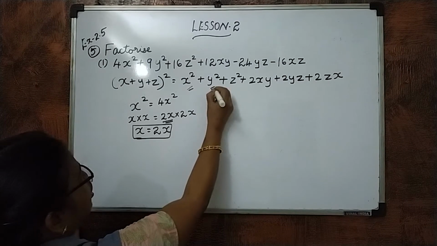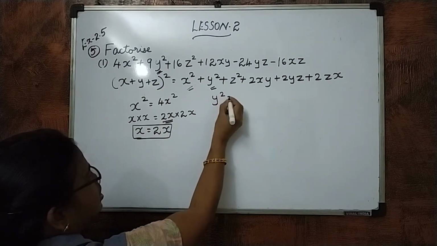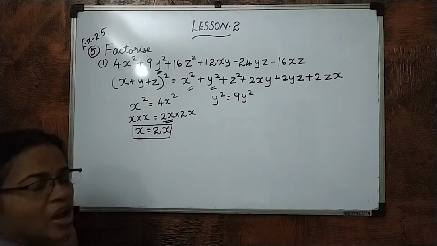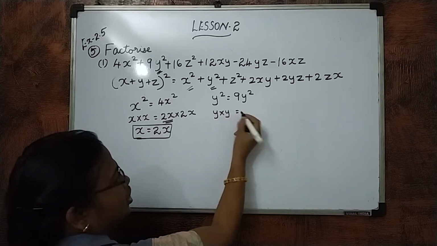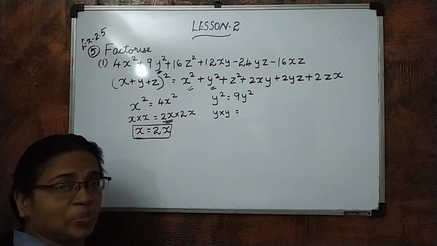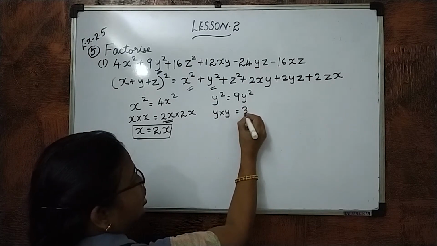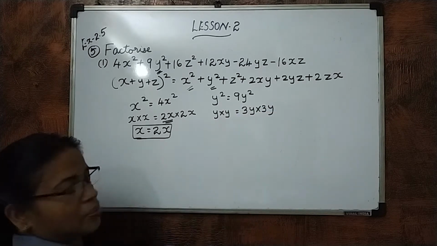y square is equal to 9y square. What is y then? How will you find out? y square means y into y. 9y square means it will be 3y into 3y. You have to split and find out. The same number should come because it is a square number.